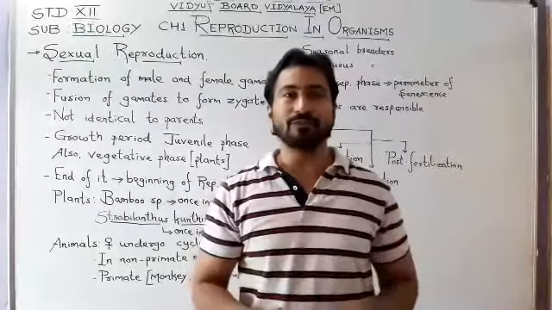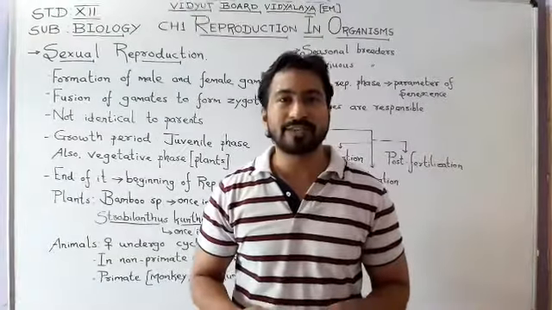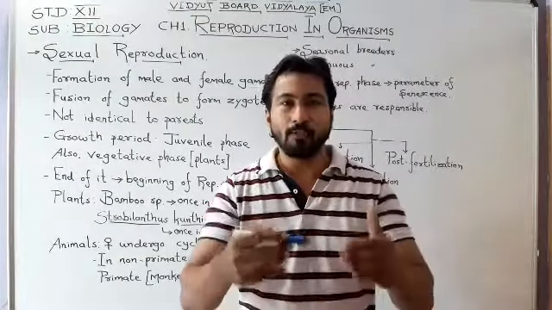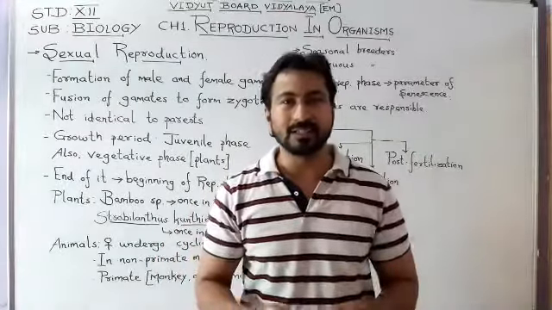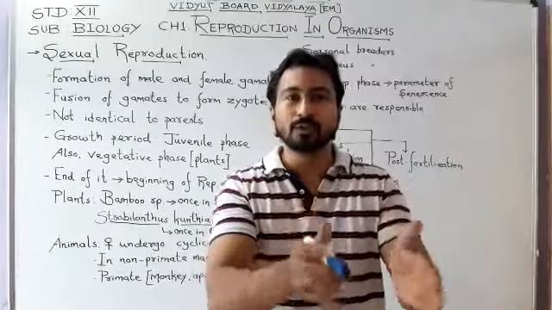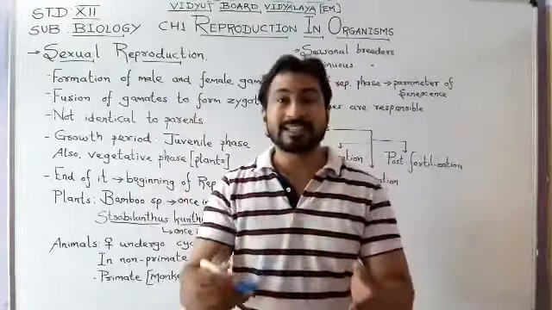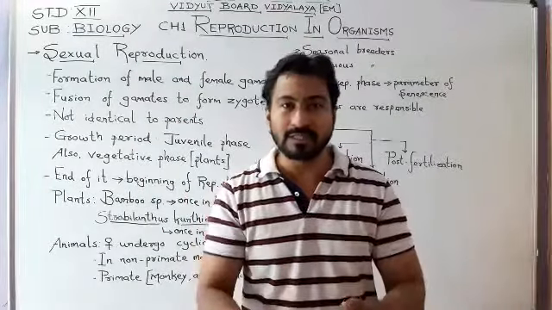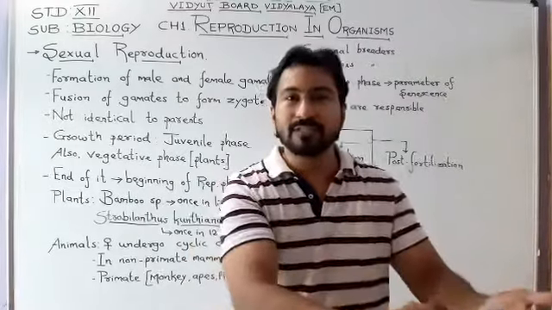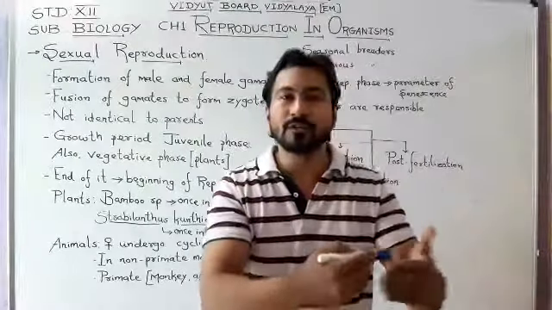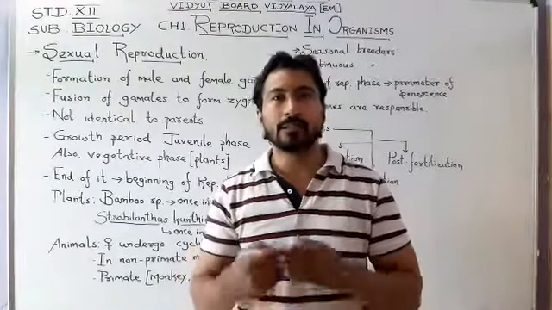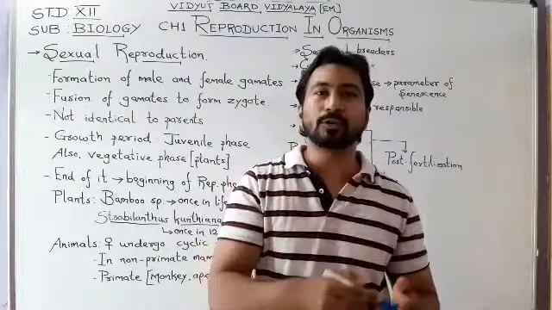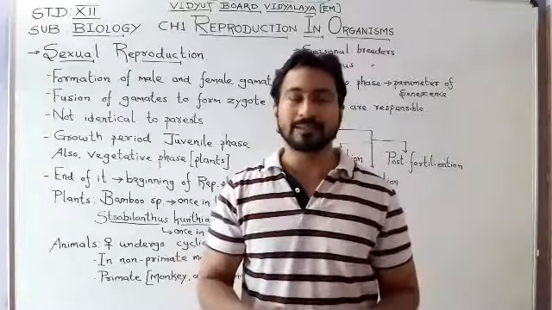In asexual reproduction, we have seen that from an amoeba, the new daughter amoebae are generated, which are exactly similar to the parent. But in human beings, the new generation has a lot of difference from the parents, either anatomically or physically.